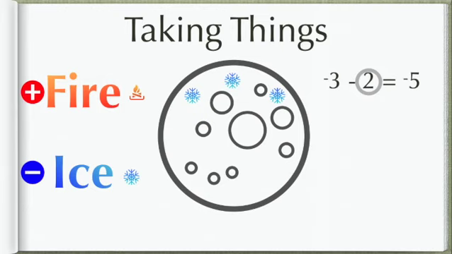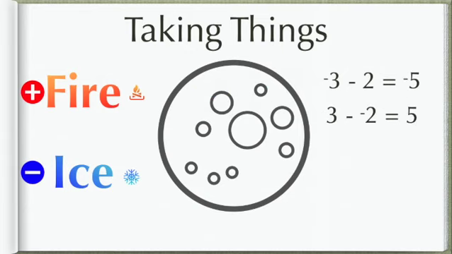So I have to first add those 2 fires into the pot, along with their ice partner, so that I'm not changing. As it stands right now, the temperature of the pot is still negative 3, because the 2 fires cancel out 2 of the ice. But if I then take away those 2 fires, the ice is what's left, and you are at negative 5. So negative 3 minus 2 is negative 5.